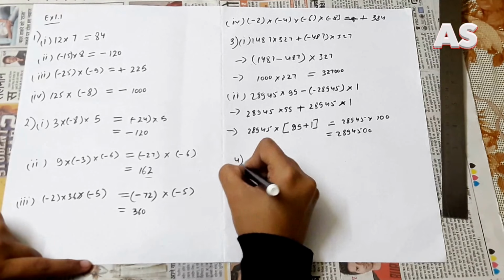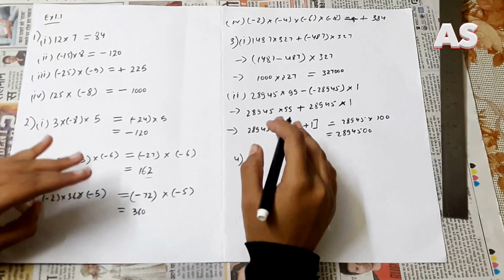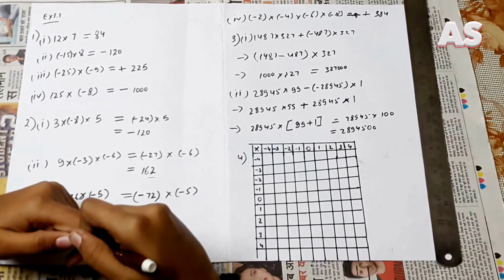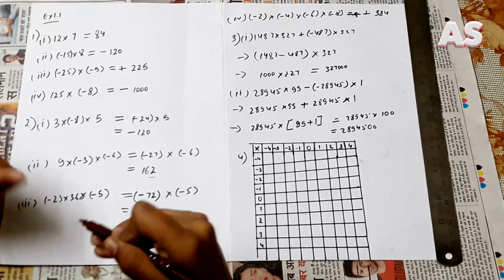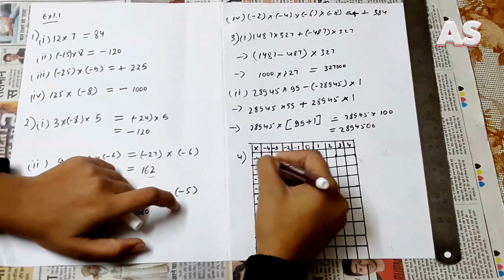Now the fourth question, where we have to draw a table. So let's first draw the multiplication table, and then start solving it. The table is ready, so let's start solving it. We have to multiply like this.